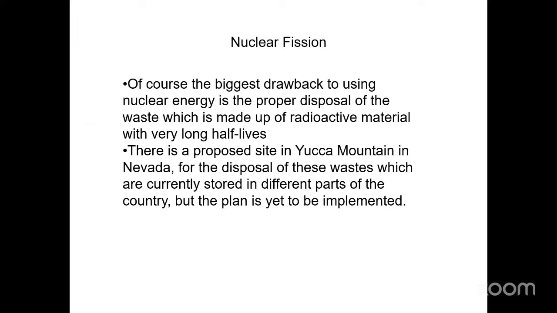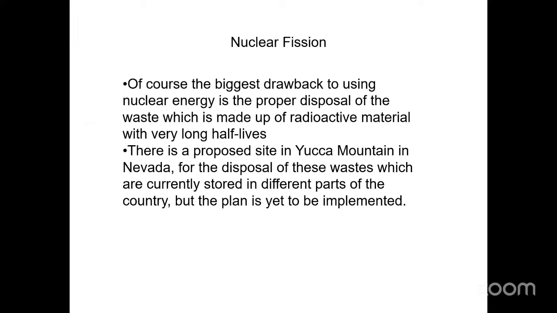And not only that, but they typically have very long half-lives. So they'll be around for a long time, right? And when I say long half-lives, I'm talking about in the order of billions of years, all right? So, of course, if we were to embark on using nuclear power plants to generate electricity, then we have to be concerned with how do we deal with the waste, right?